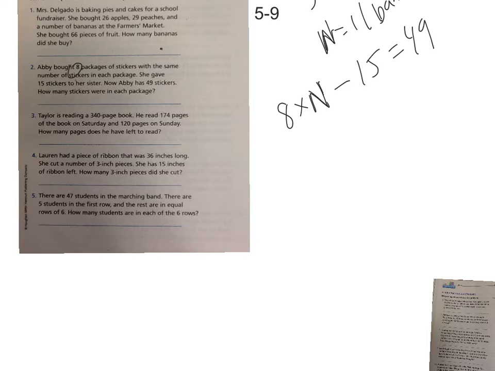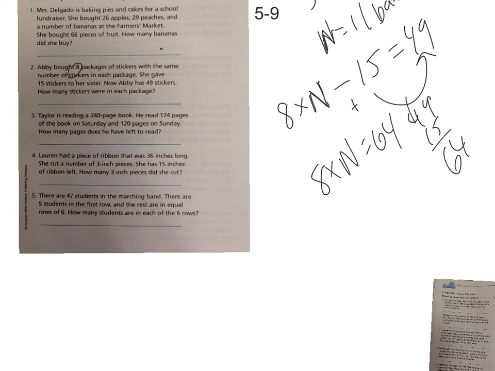So what are some things we know we can find here? Hopefully you're able to say, let's add this 15 back onto the 49 to give me 49 plus 15, which gives me 64.